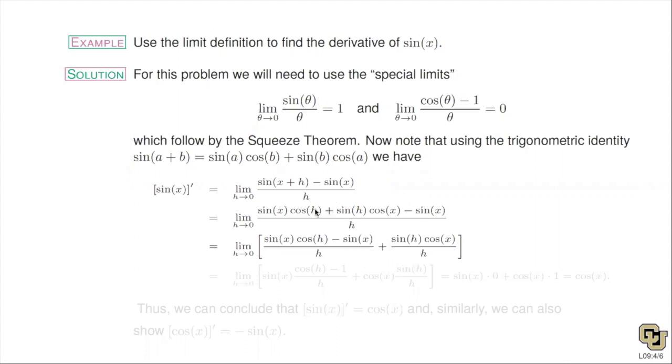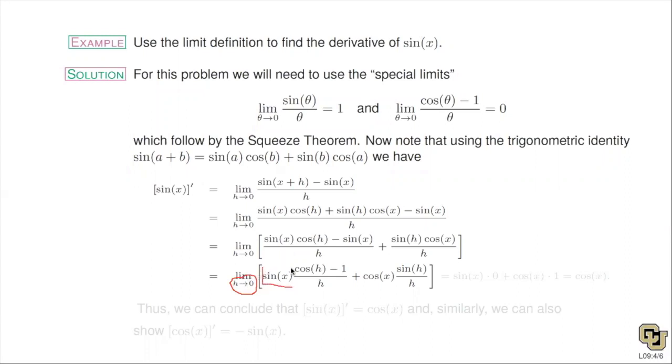And now I'm going to factor out the sine of x, which is a common term in the first expression. Factor it out, and now we can use the special limits. I told you this was not easy, it's not trivial, and I would never ask you to do this. So this is tricky, but it's good for our brain. For this limit, the limit only cares about the variable h. So what does that mean?